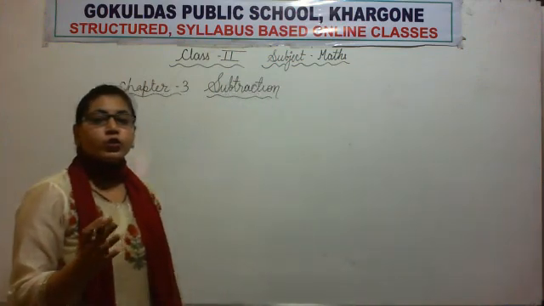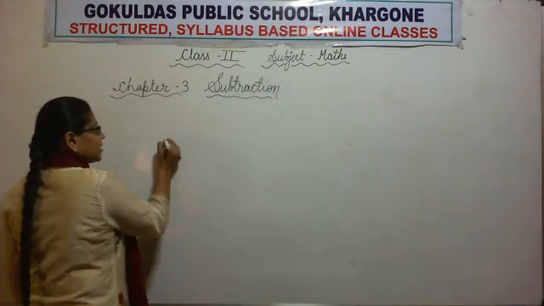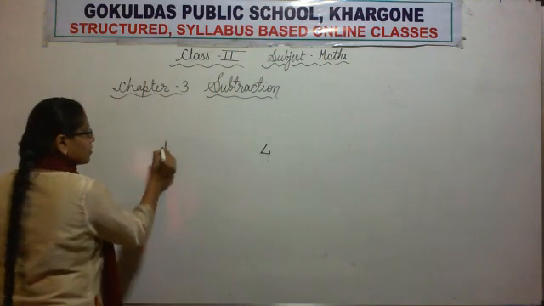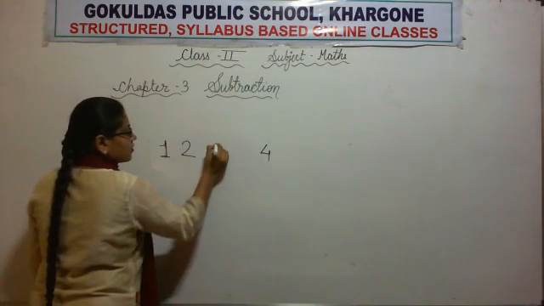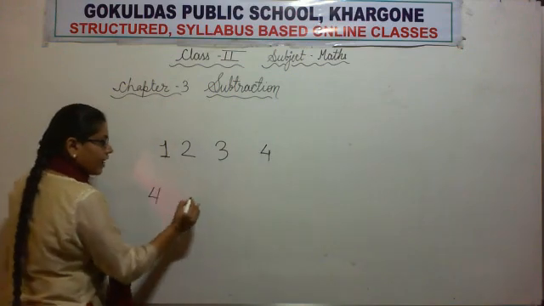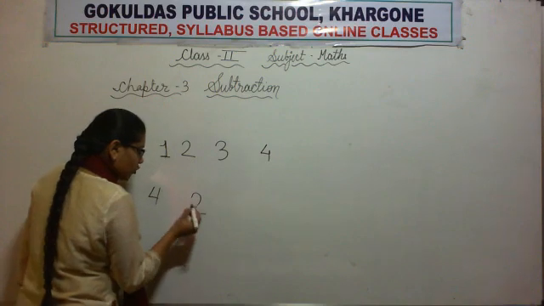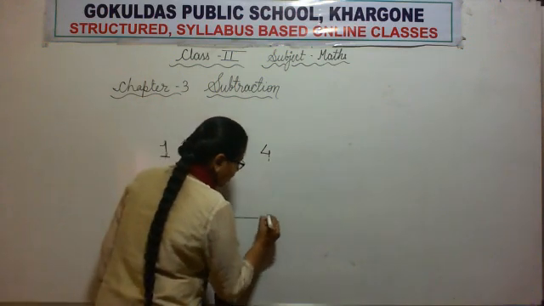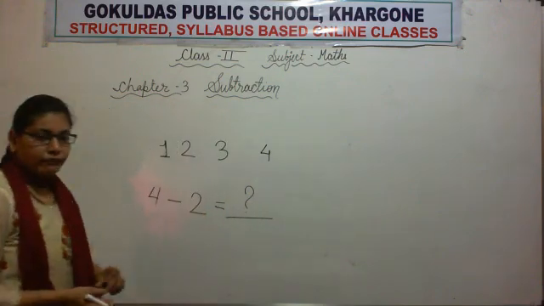Now how to subtract? See, I was having 4 books, and my friend took 2 books from me. So how many books do I have now?